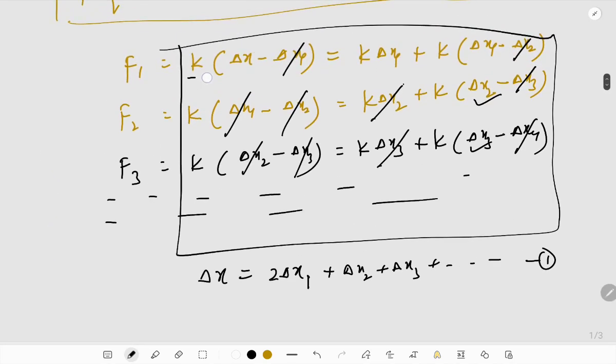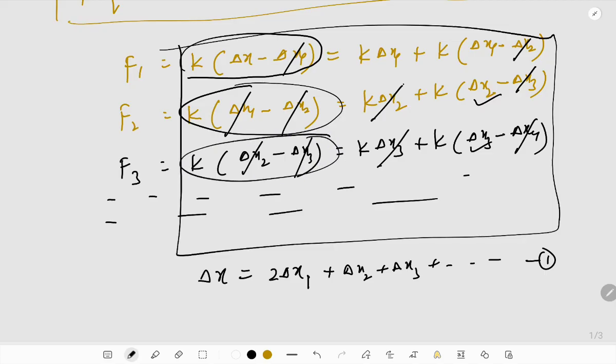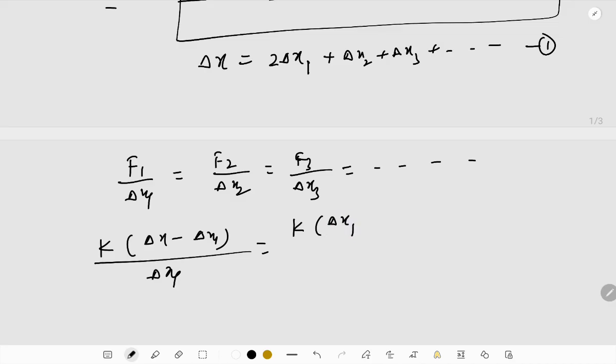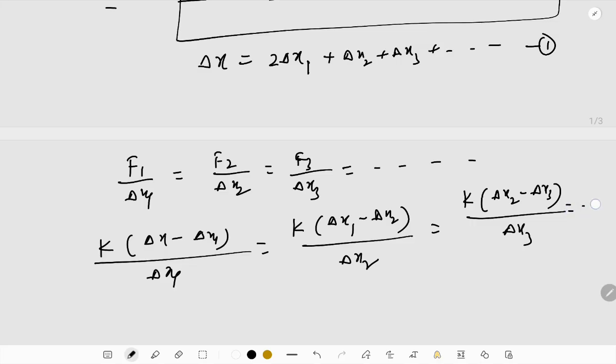For F1, F2 and F3, if we write these equations, we can write F1 over delta x1 as k times delta x minus delta x1, divided by delta x1. In a similar manner F2 is k times delta x1 minus delta x2 by delta x2, and similarly F3 is k times delta x2 minus delta x3 by delta x3, and so on.